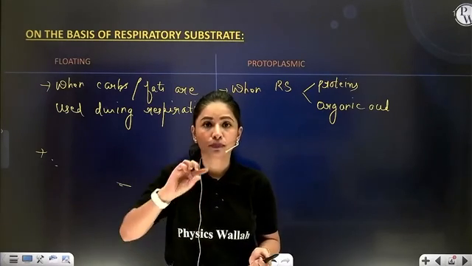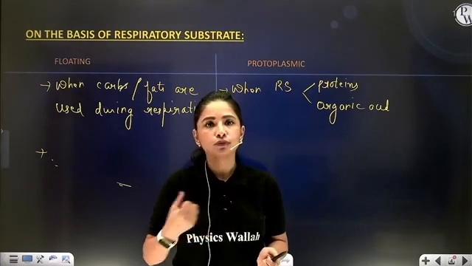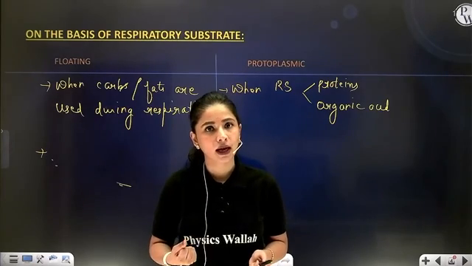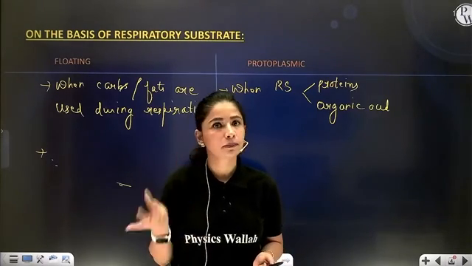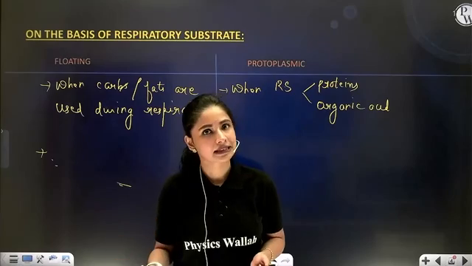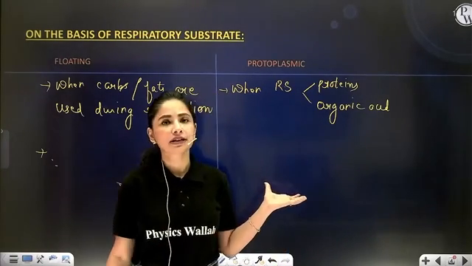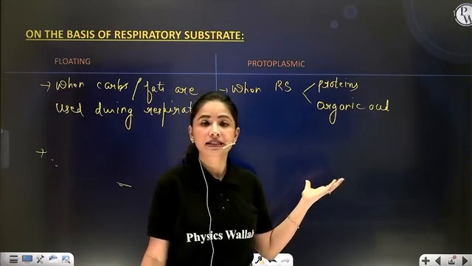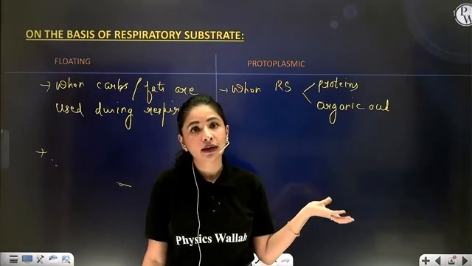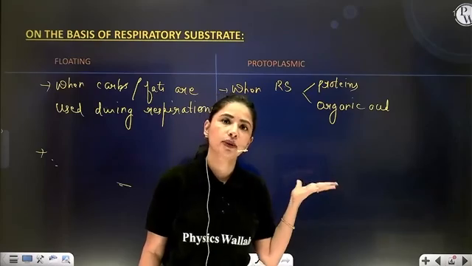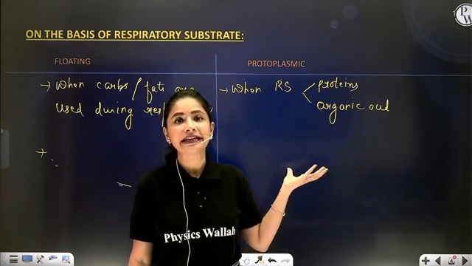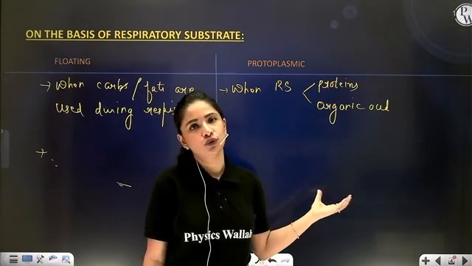Now imagine if you remove the protein from the cell membrane, what will happen? The membrane will break down, resulting in the lysis of the cell. So if protoplasmic respiration is taking place in your body, then surely it is an alarming situation. You are surely in great need of food.